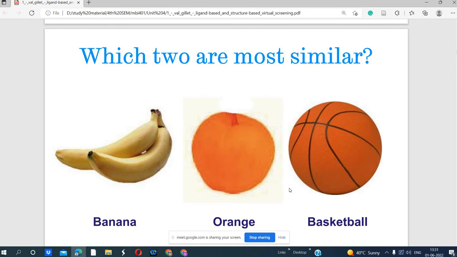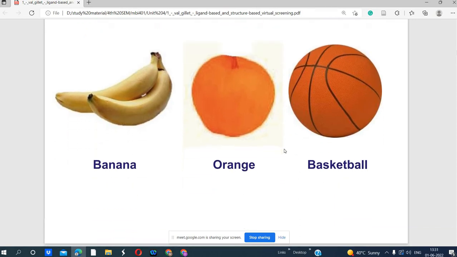But here in the similarity, sir, fragment matching is also important. If any part of the banana were more similar to the basketball, but it is not. Now it is not here. But in compounds it may happen. Any compound may be more similar to a different compound, although it looks different in shape.